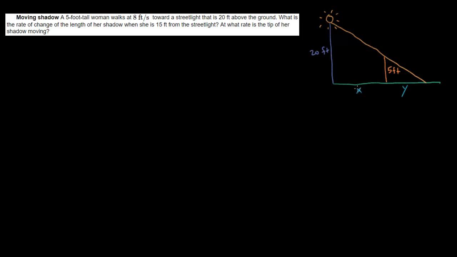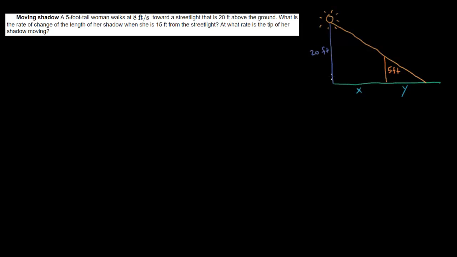So we're going to try to figure out an equation that relates what's going on here, because we want to figure out how fast y is changing when x is a certain distance, 15 feet. And we're also told that this distance right here, x, the distance from the streetlight, is changing at a rate of 8 feet per second.